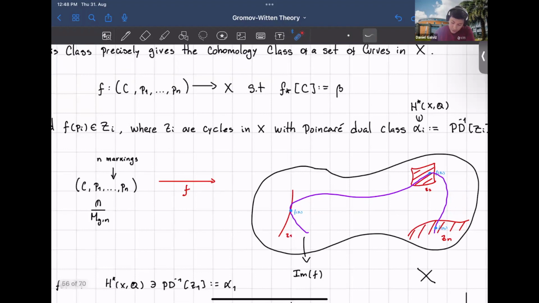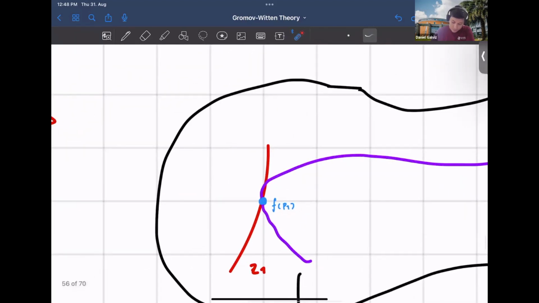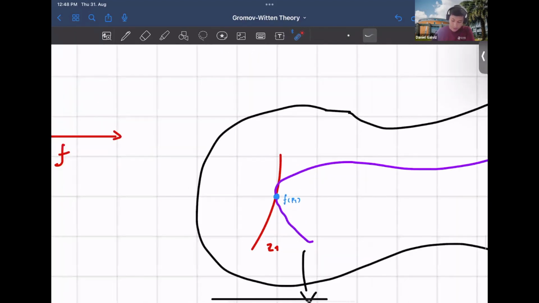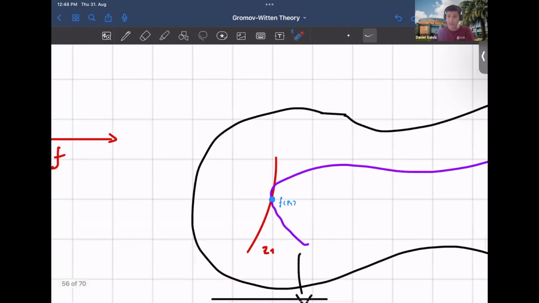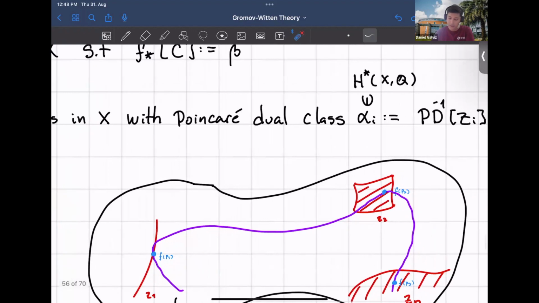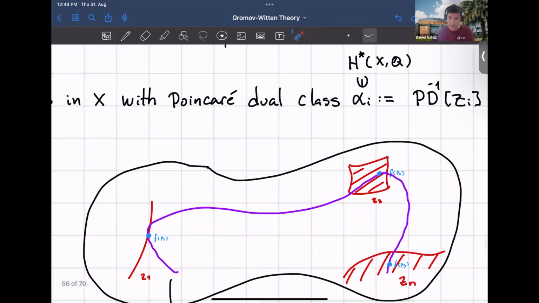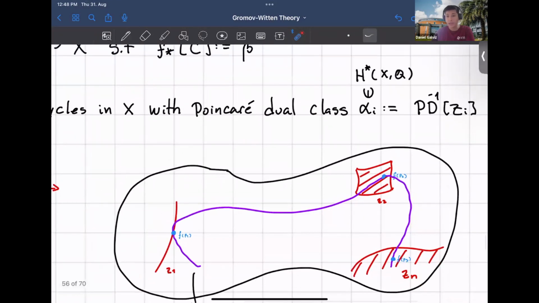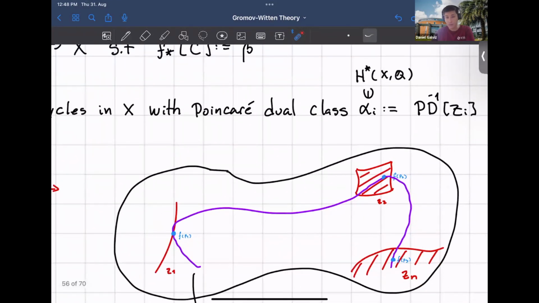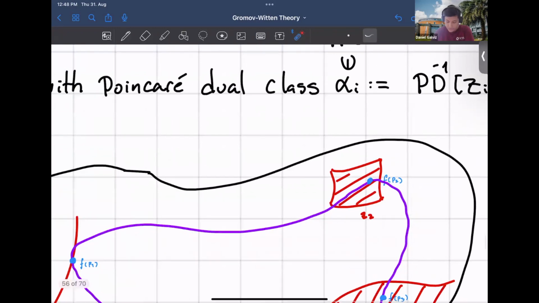When it touches the cycle, we put this as our F of p_i. So the marked point we associate with the cycle, and to this cycle we then apply the Poincare dual to live in this cohomology class of X. We do this to keep the topological information when we do all these embeddings. So this is counting, then this goes here, and the other marked point is touching the cycle of C2.